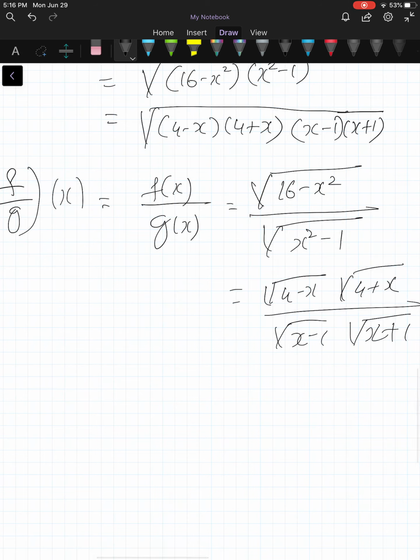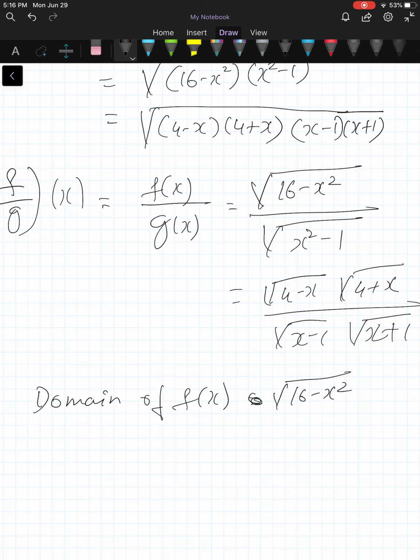So we are also asked to calculate the domain. So we will first calculate the domain of f of x. First, what is f of x? F of x is square root of 16 minus x square.